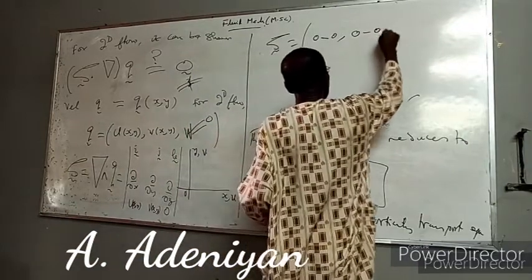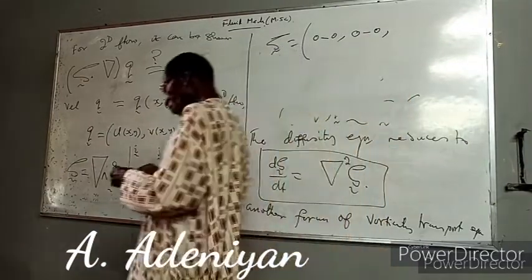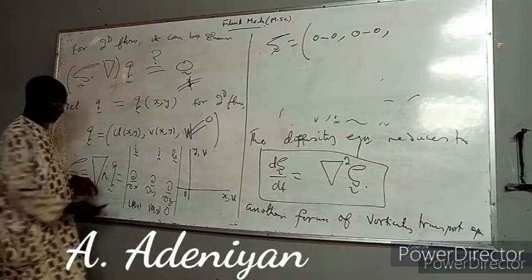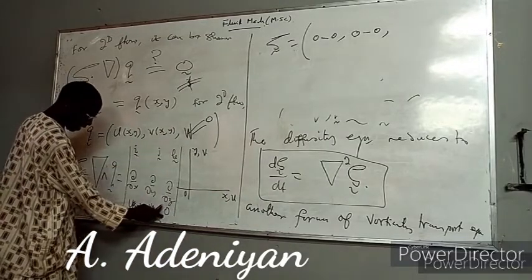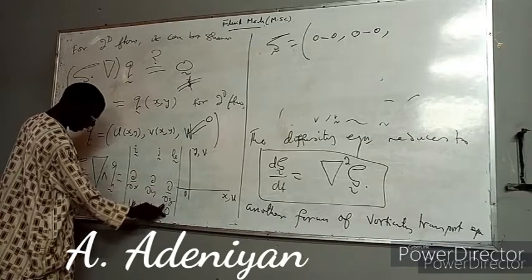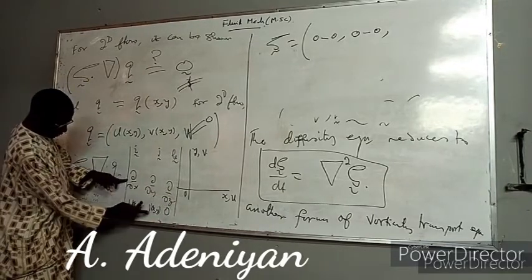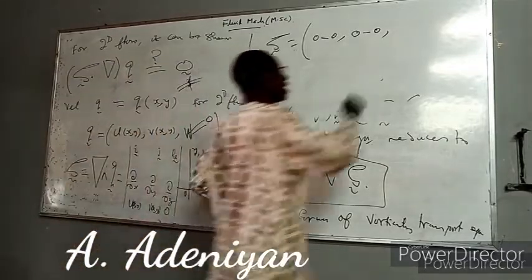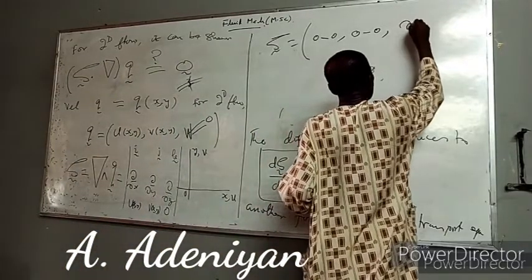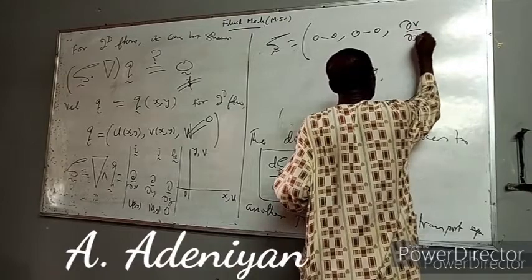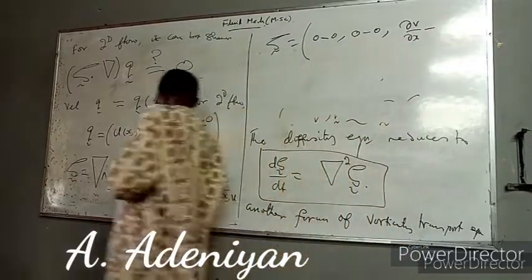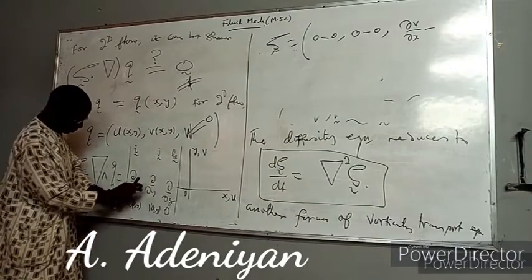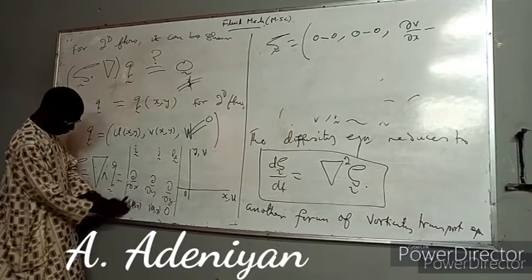Then finally, for the components along K, of course that is the only one that will exist. For the components along K, are you seeing it? We differentiate this with respect to X, which is involved here. So that one exists. That means you have ∂V/∂x minus, we differentiate the same with respect to this.